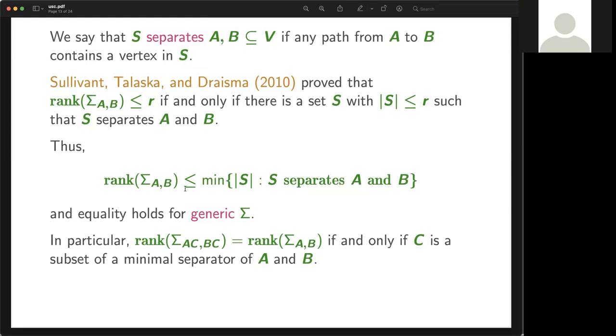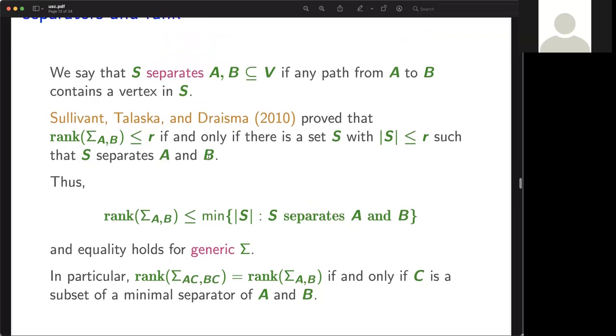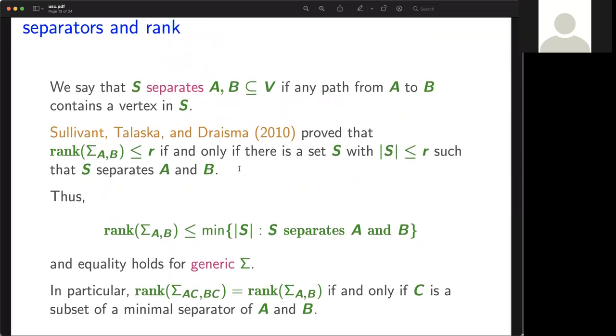Sorry, good question. Yeah. I think I may be misunderstanding this. So sigma AB is sigma with rows corresponding to vertices A and columns corresponding to vertices B. Right. So it sounds like this is saying if I take two individual points, I can always separate them with just a single point because of the rank. Does it make sense, my concern?